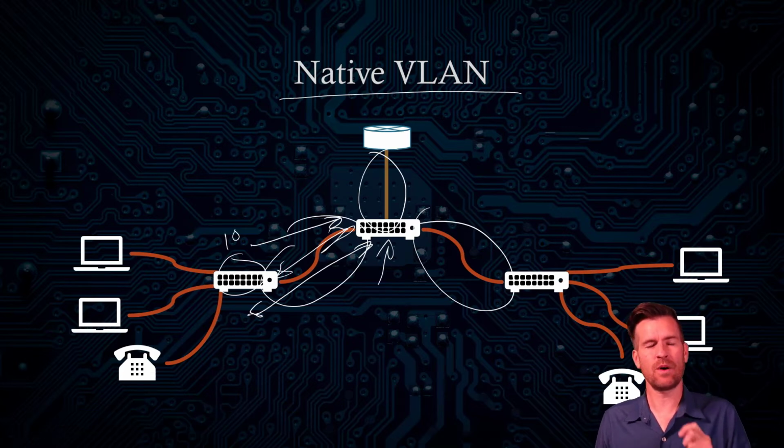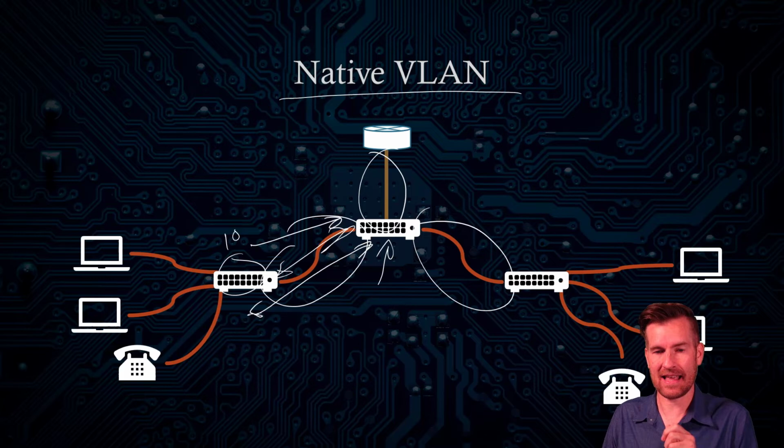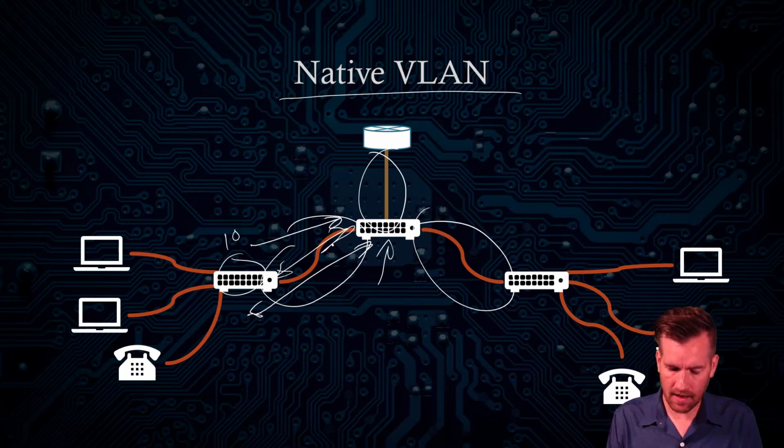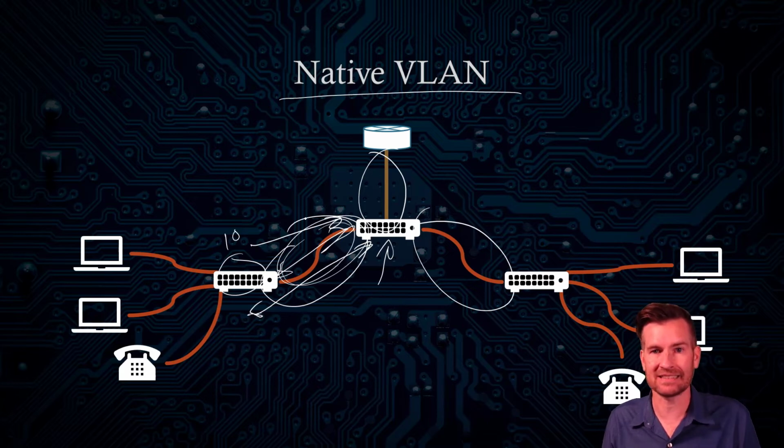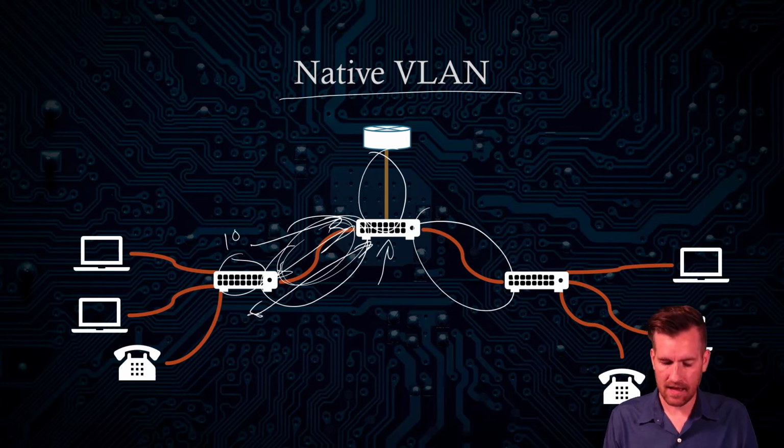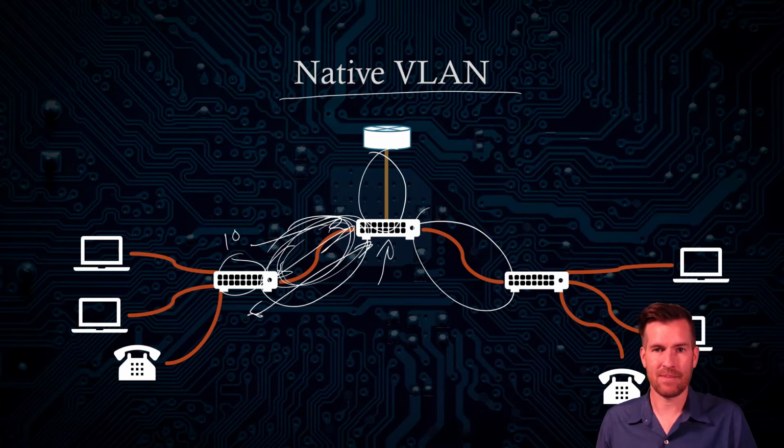The reason you have to have that is that there are some layer 2 protocols going across between these two devices that don't have tagged traffic. So the solution is this native VLAN for the interface, so these two devices can pass that information back and forth without tagging that traffic.